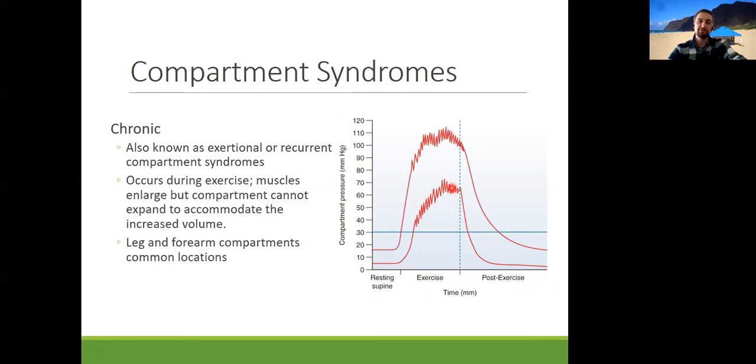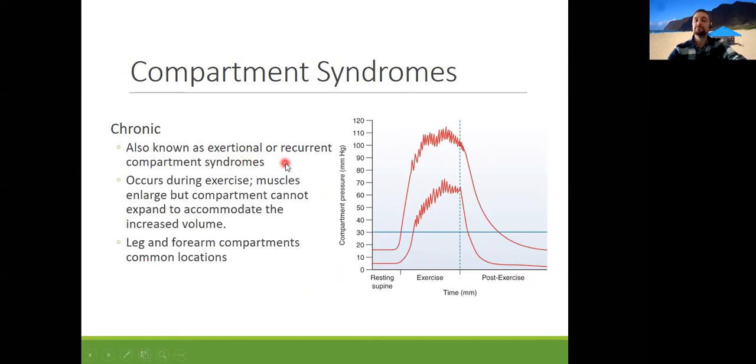So as this person begins to exercise and then they stop, the pressure normalizes. Some people, it spikes more rapidly. So because the compartments are confined spaces, because of the connective tissue and fascia that hold them in place, if the muscles hypertrophy, if they have deficient venous return of fluid, that can make the pressure spike, right?